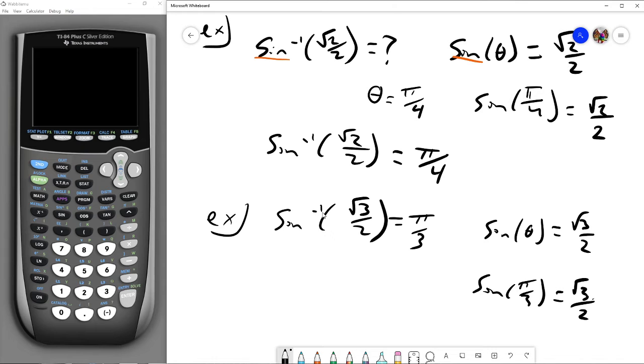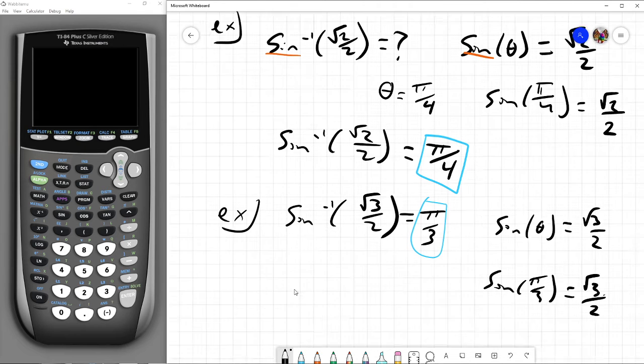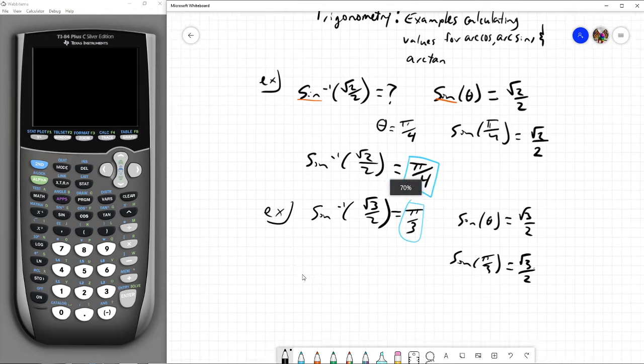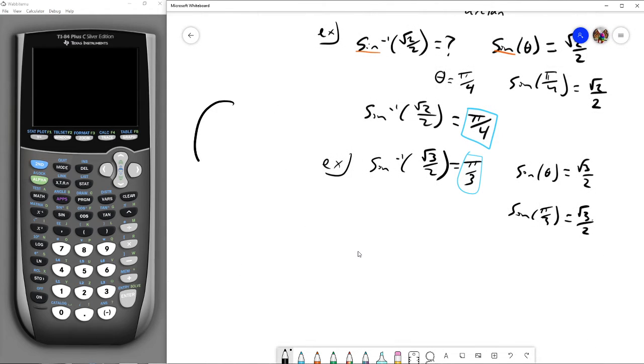Alright, now we need to mention a fine detail here. In our two answers, we both have a single value, this pi over 3 and this pi over 4. However, if we recall the unit circle, let's zoom out a little bit. So here's our unit circle.